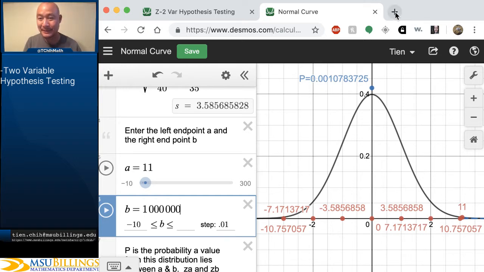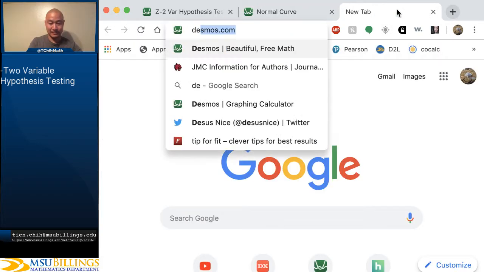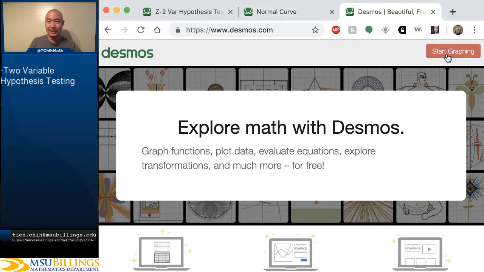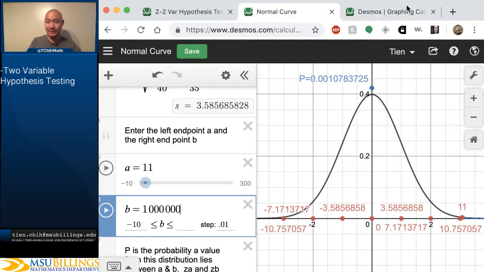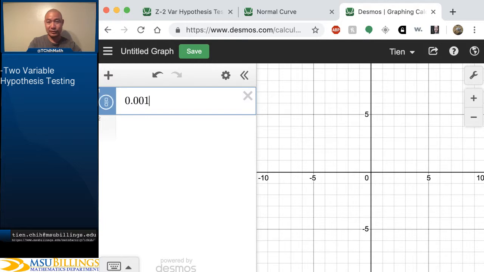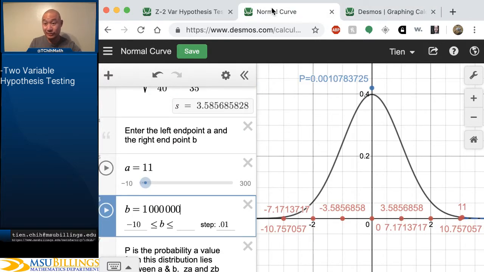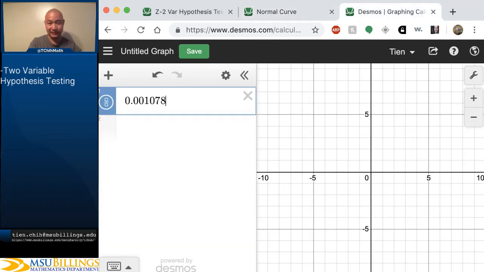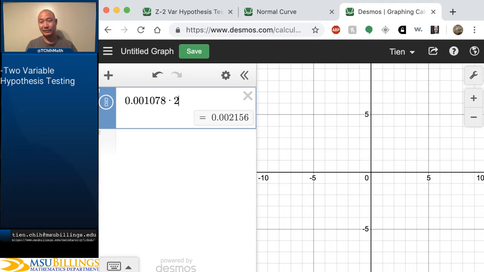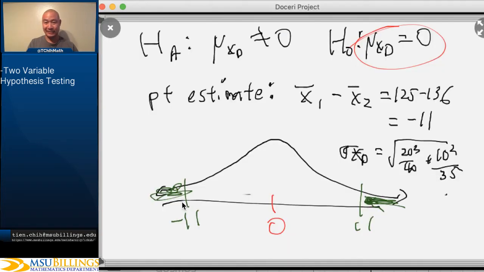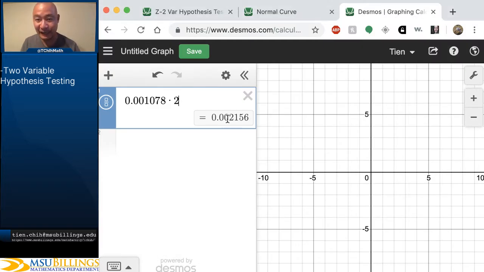That gives you a p-value of 0.001078. Then we have to multiply by 2 because there are 2 tails here, and that gives you a value of about 0.002156.